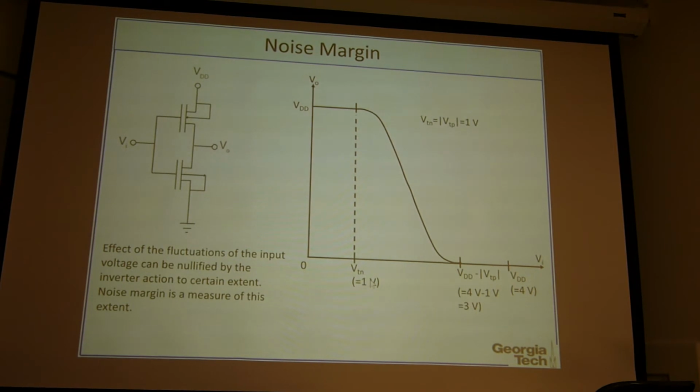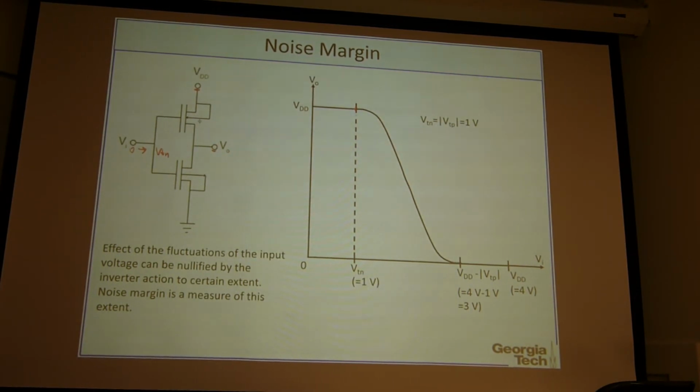This input voltage starts from 0 until you reach the VTN, that is the threshold voltage of this NMOS here. Before you reach that, this NMOS is off. That means current is very small, almost no current flow. No current flow, then this output voltage will be the same as the VDD.